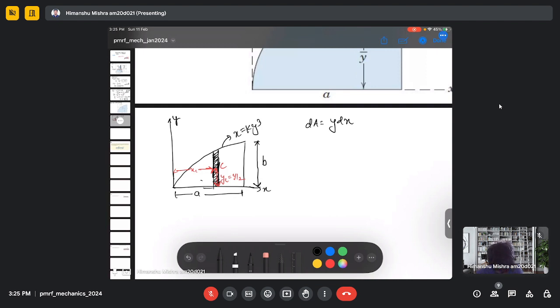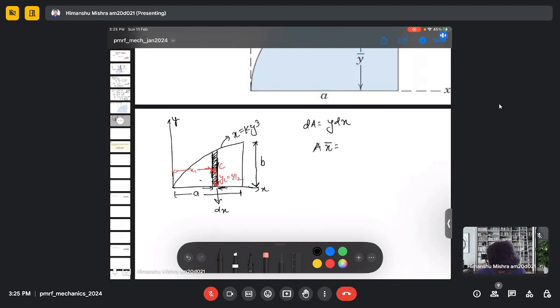This is my dx here. And to find the centroid in the x direction, we will be using xc dA. So this is the centroid in the x direction, and my area will be given as the integration of this curve.